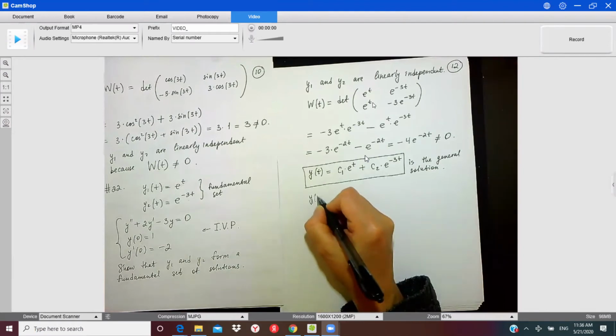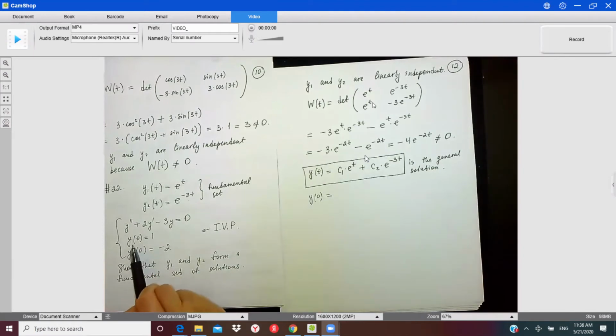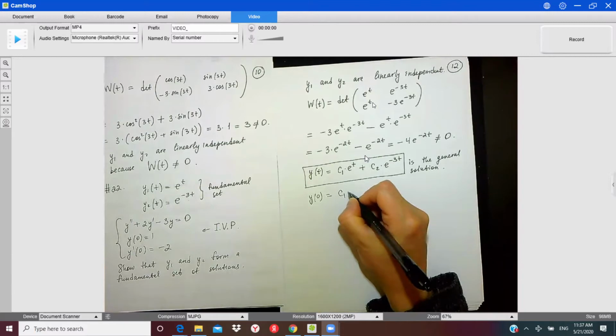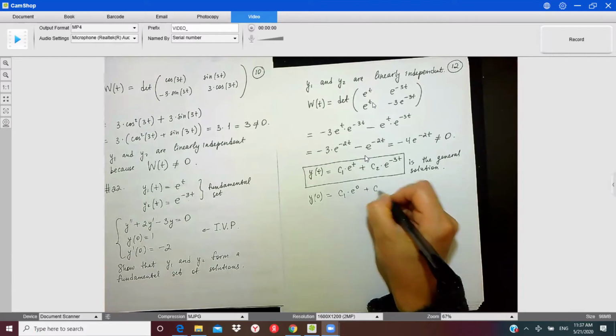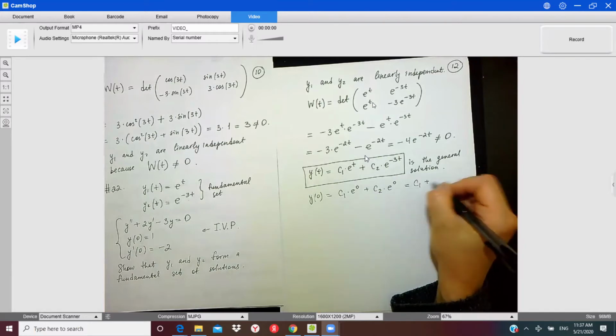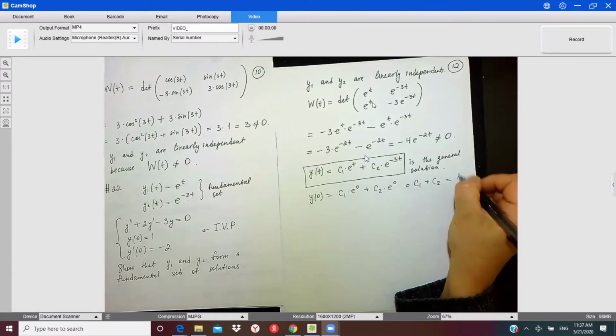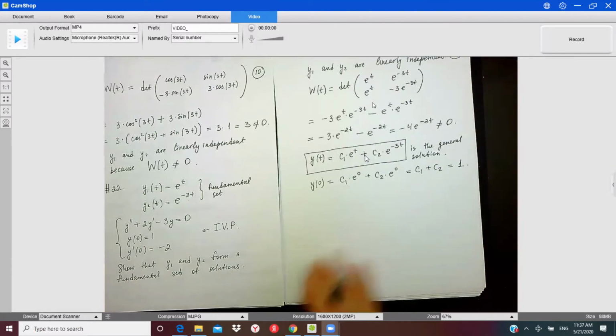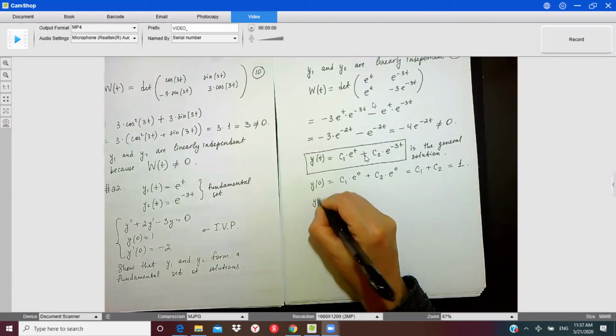So now we can use the initial conditions, right, to find c sub 1 and c sub 2. So y of 0, I'm going to plug in 0 for t. We get c sub 1 times e to the 0 plus c sub 2 e to the 0, which is c sub 1 plus c sub 2 has to be equal to 1. And for the second equation, I will have to first take the derivative of this.